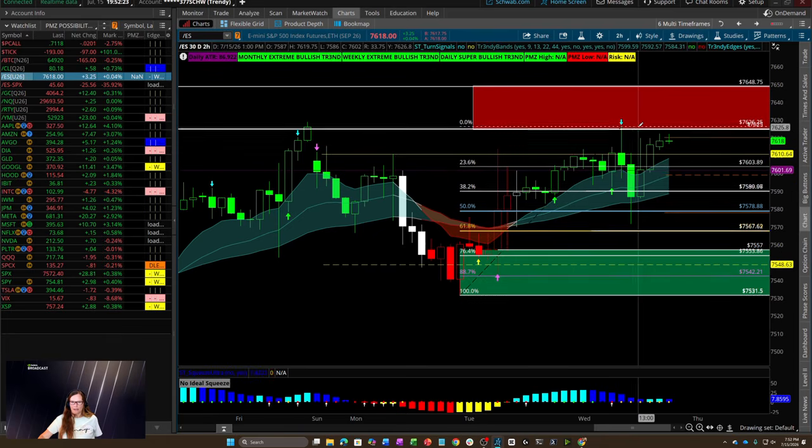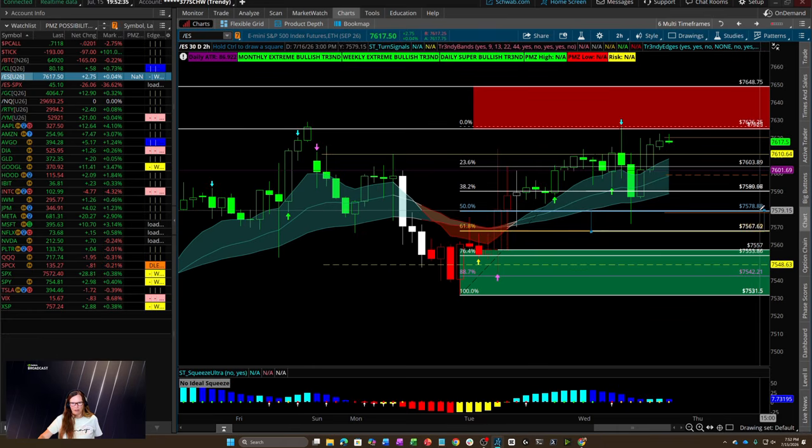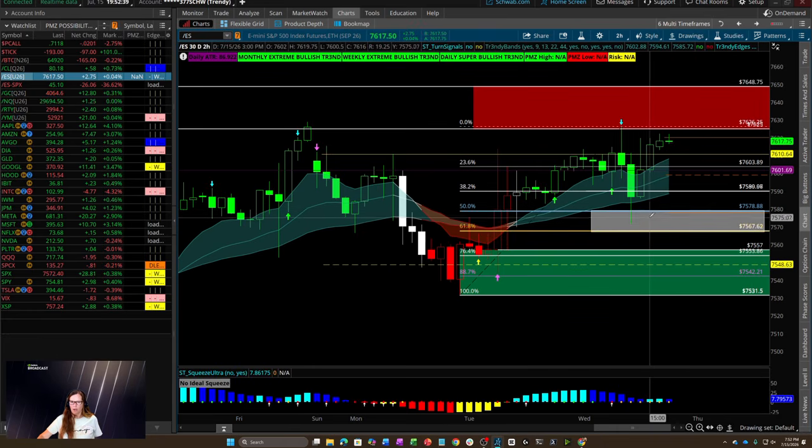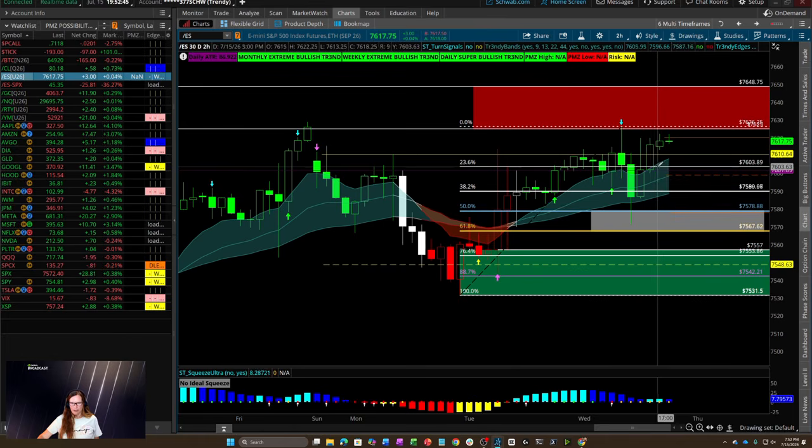We have established that ES is in choppy conditions right now. So I already know this 61.8 and this 50 would be my Fibonacci buy zone for tomorrow, right? But the 38.2 is a stop along the way.